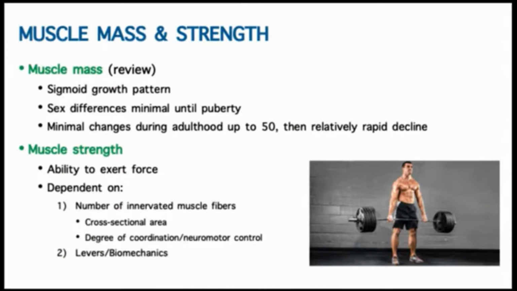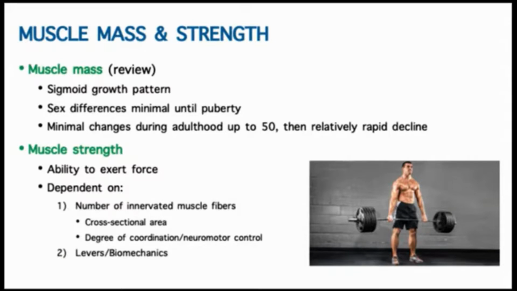If we looked at two kids whose relative lean body mass is about the same, generally you would say they should both be able to produce about the same muscle strength. And this is true for a part of the lifespan, specifically in childhood, but it is not true for the rest of the lifespan, okay?